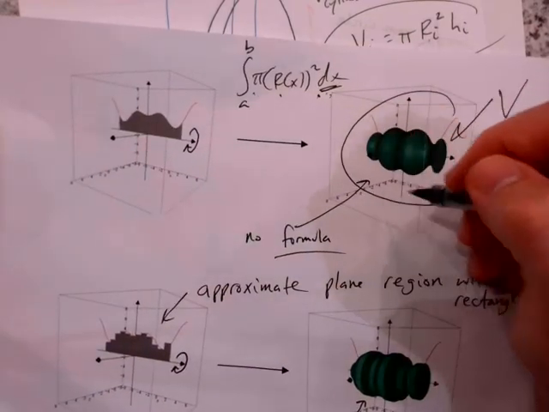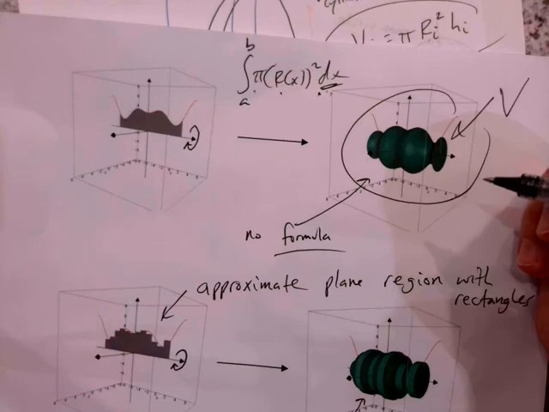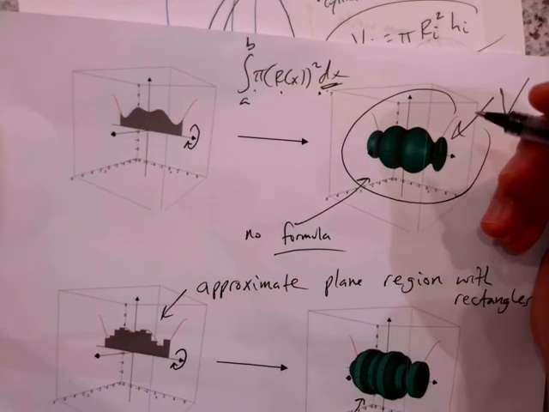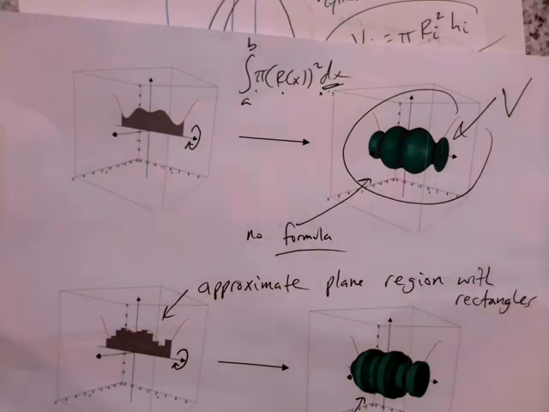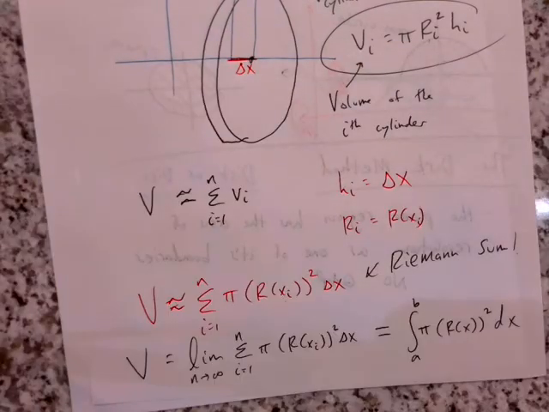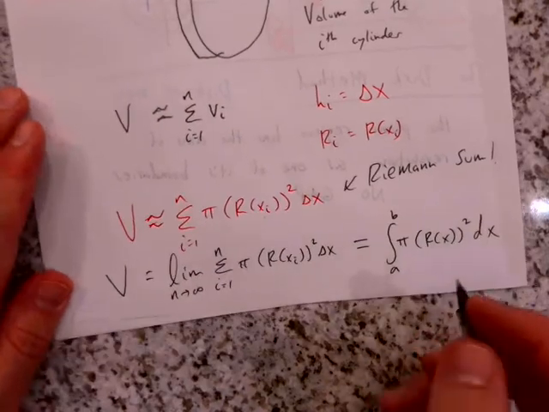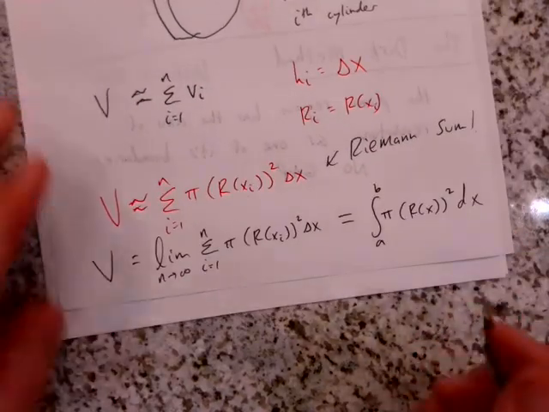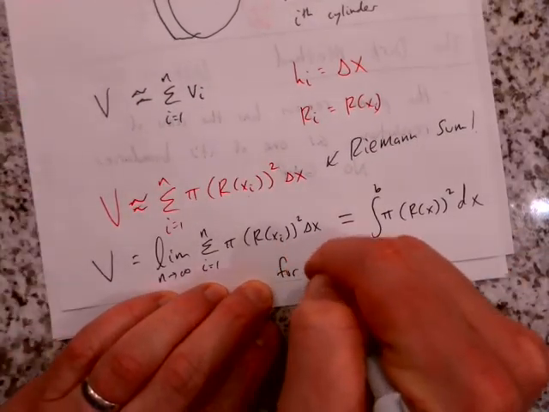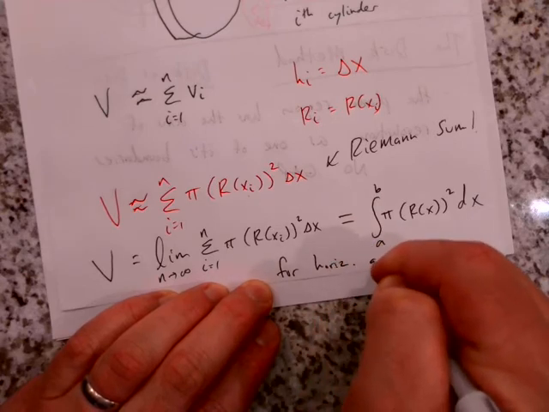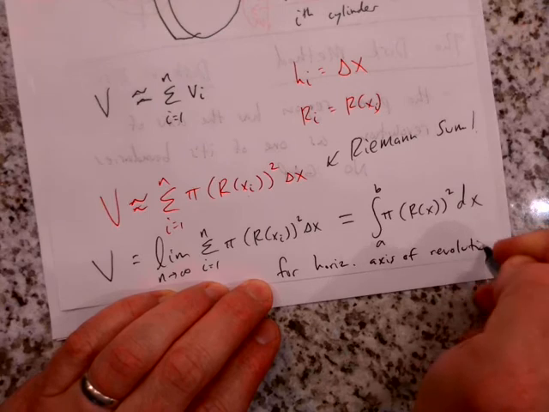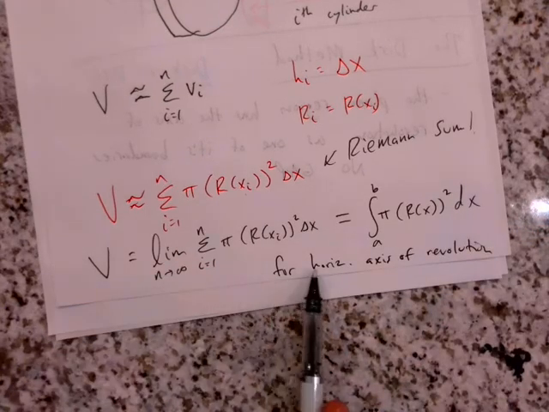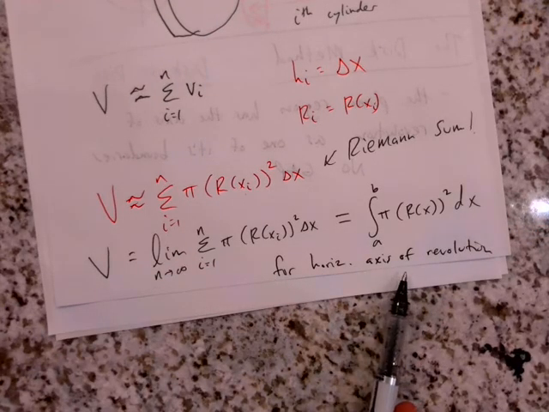It's almost like if you had a bunch of CDs and you use these CDs to approximate volume. You have a bunch of super thin cylinders and you use those to approximate the overall volume. And this is if the axis of revolution is horizontal. So for a horizontal axis of revolution, this is the volume.